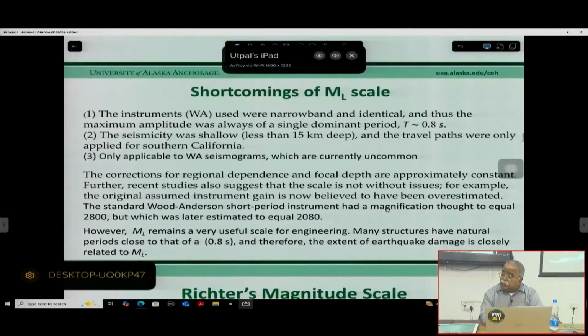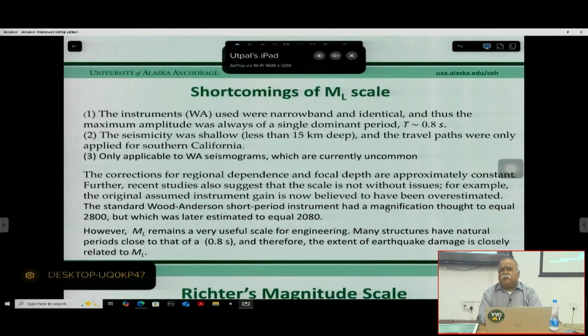Now, what are the shortcomings of the ML scale? The Wood Anderson instrument used is very narrow band, with basically a single dominant period of 0.8 second, and the seismicity was for shallow earthquakes, more or less 15 kilometers deep. If it is a deeper earthquake, the ML scale is not totally usable.